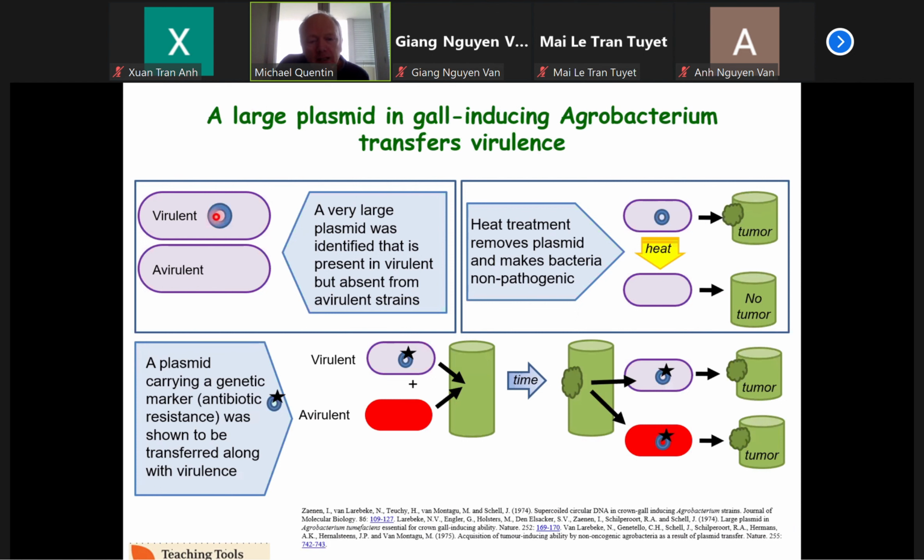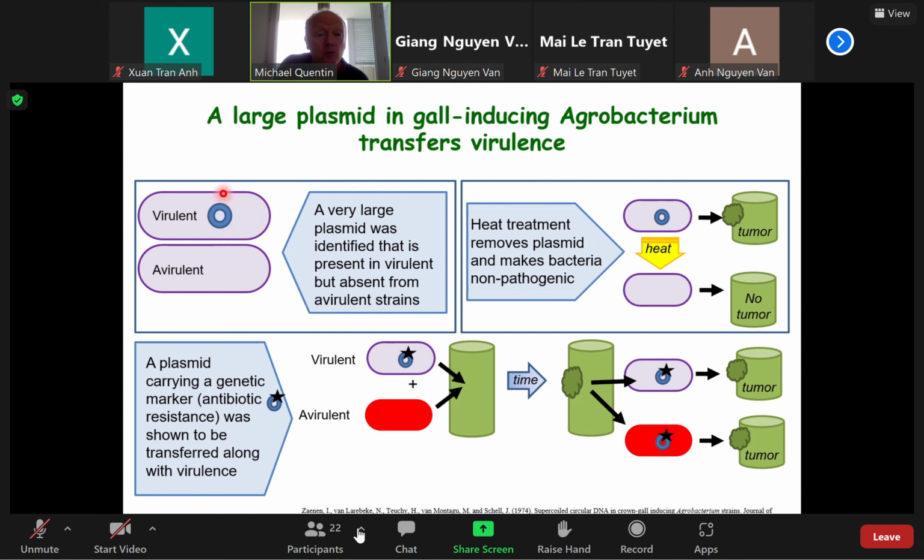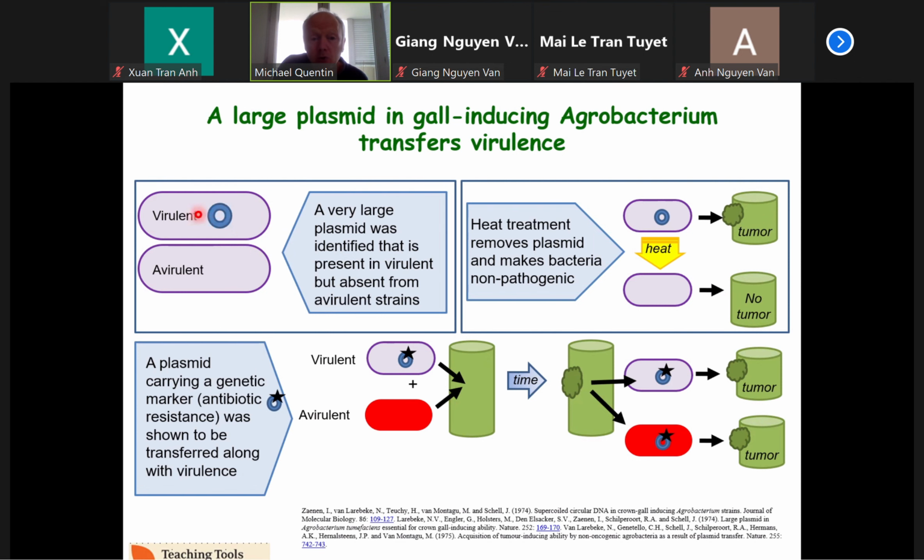Actually, it's only again 10 years after that the whole plasmid was isolated, and it was a very, very large plasmid called the tumor-inducing plasmid. And actually, this plasmid could only be isolated from the virulent strain able to induce tumor.